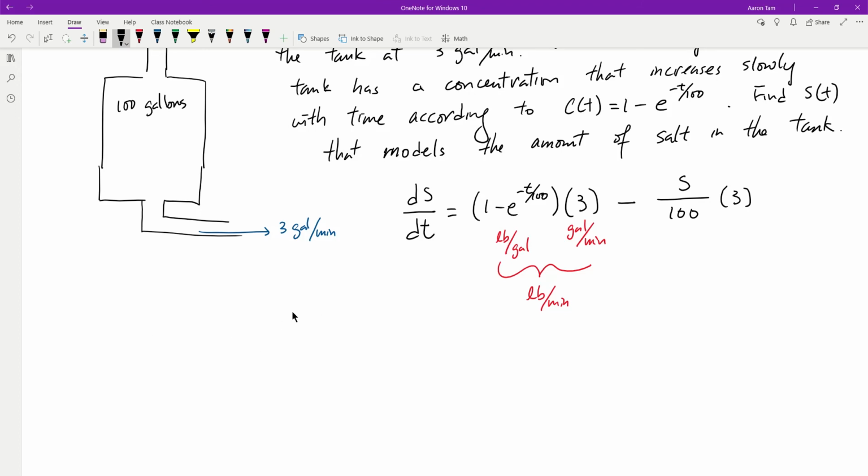So let's start over somewhere over here. ds over dt would equal 3 times 1 minus e to the negative t over 100 minus, I guess, 3s over 100. Or actually, better yet, I'm going to write it as 3 over 100 s.